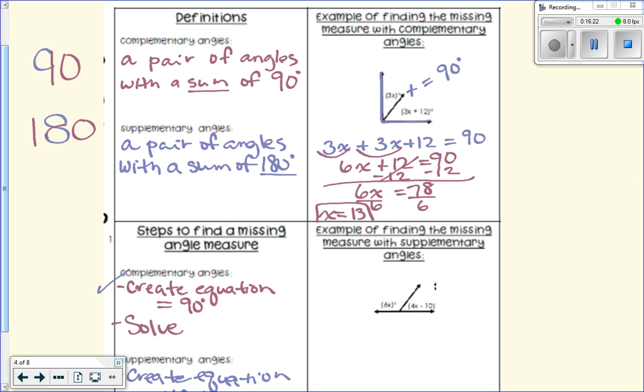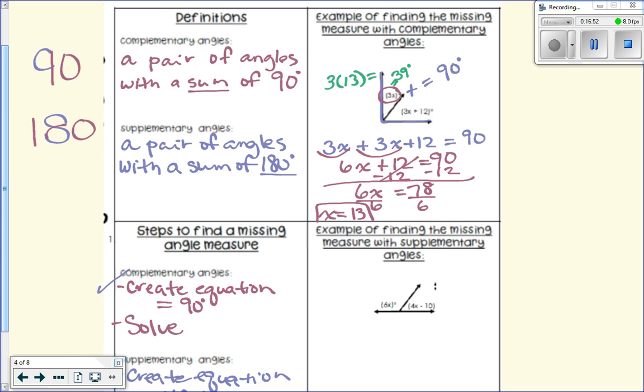Okay, but it says we need to find the missing measure with complementary angles. How do we find the measure of each angle? Because 13, it's not 13 degrees. That's just what x equals. How can we find what angle measure this is if we know what x is? Absolutely. Substitute in our 13 for x. 13 times 3 is?